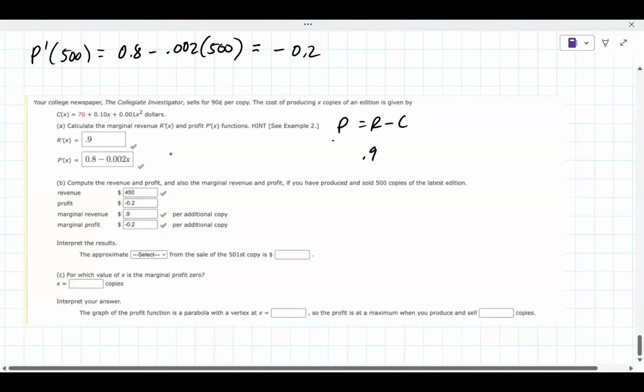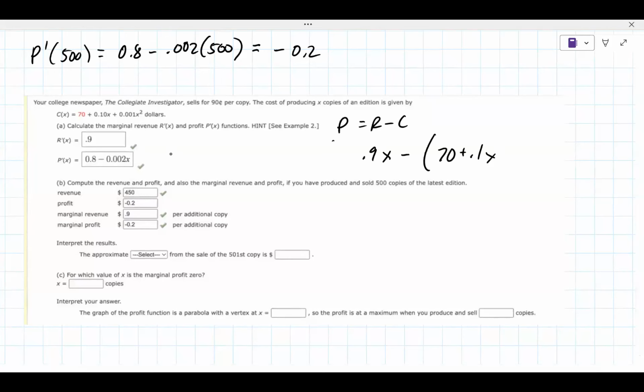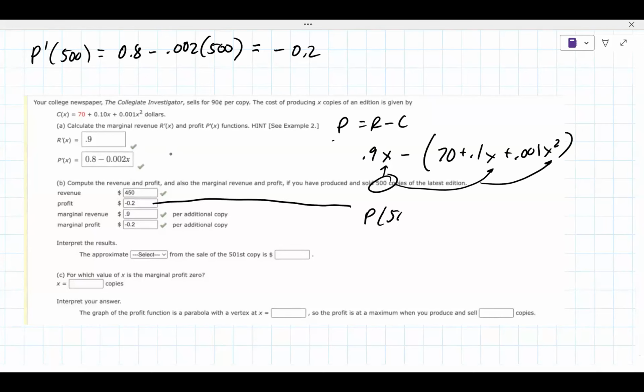The revenue is 0.9x minus 70 plus 0.1x plus 0.001x squared. The profit at 500 means you have to put 500 in for x there. So this box right here, we're going to get by putting 500 in for x.